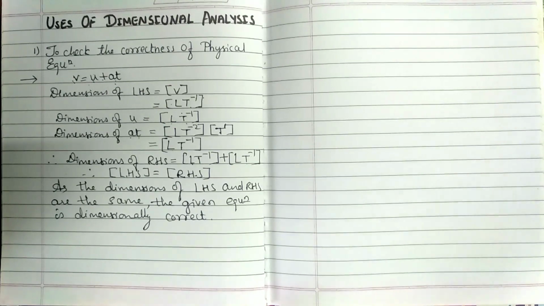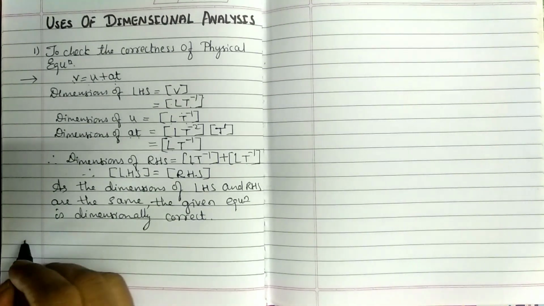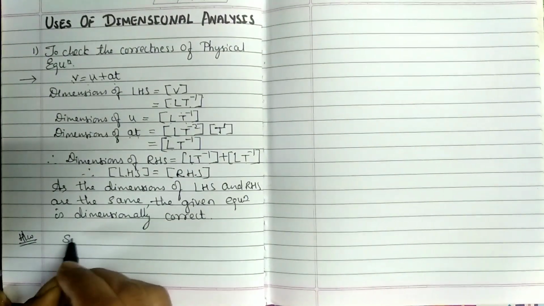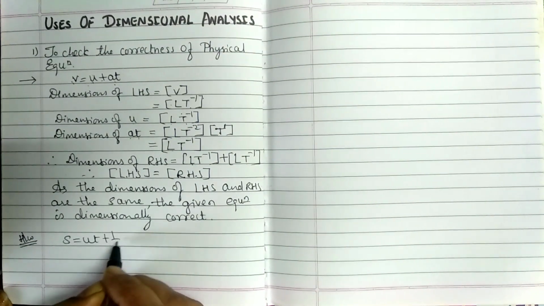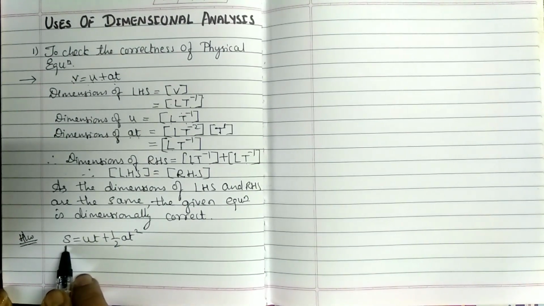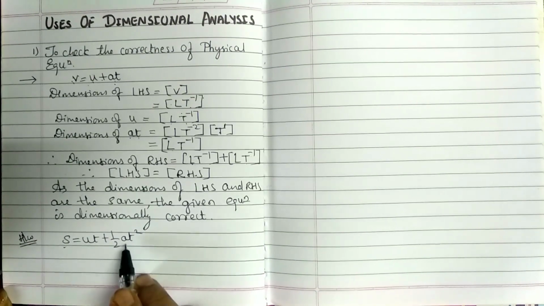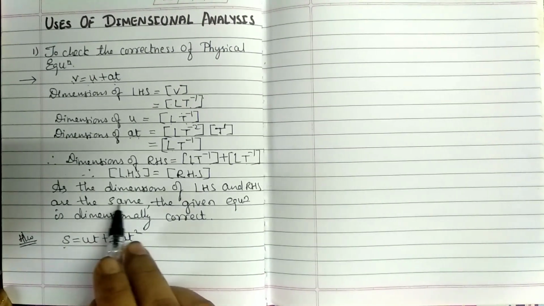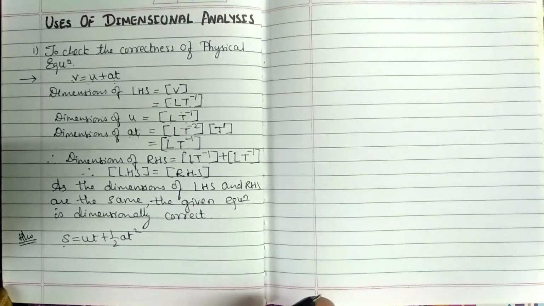So you can try other kinematical equations, like for homework you can do at home, S equals ut plus half at square. You can check whether the dimensions of S, ut and at square are the same or not. If they are the same, then you can conclude the given equation is dimensionally correct.